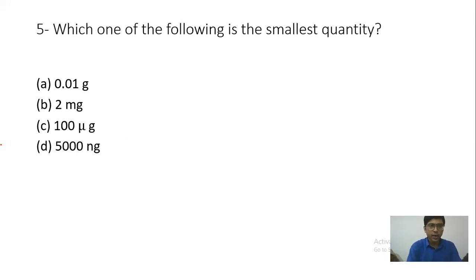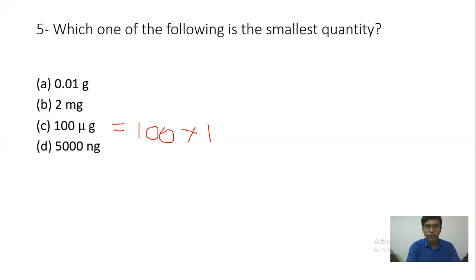We know that 0.01 grams and 2 milligrams are not the smallest. The smallest would be either 100 micrograms or 5,000 nanograms. So how are we going to find it? We will remove the prefixes. 100 micrograms becomes 100 exponent minus 6, since micro means minus 6.